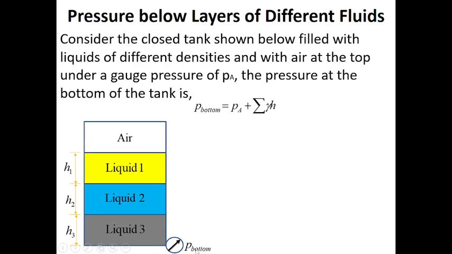The pressure at the bottom can be obtained by adding the air pressure plus the summation of the product of the unit weight of a certain liquid and the height of such liquid.